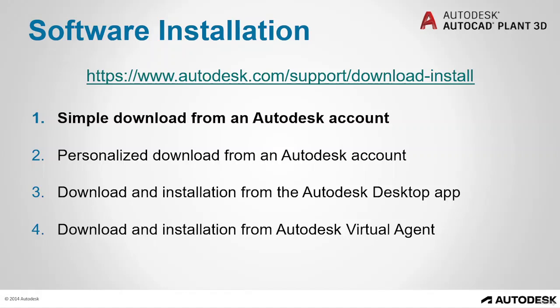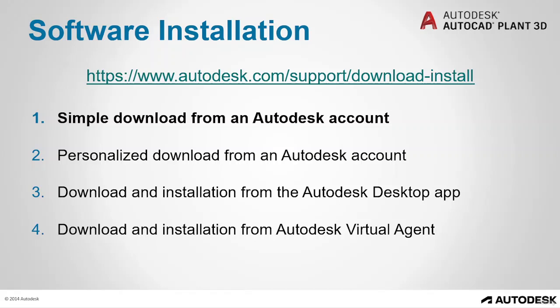So the 4 options are a simple download from an Autodesk account. It's normal. Second is a personalized download from an Autodesk account. If you're going to select what parts of the software you want to download, what specifics you require, you have to go through the second option, personalized download from an Autodesk account. You can also download and install from the Autodesk desktop app.